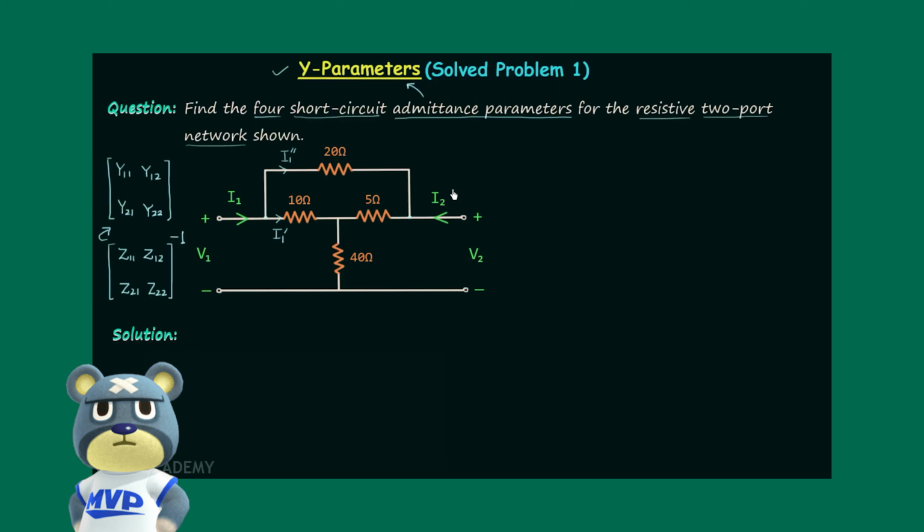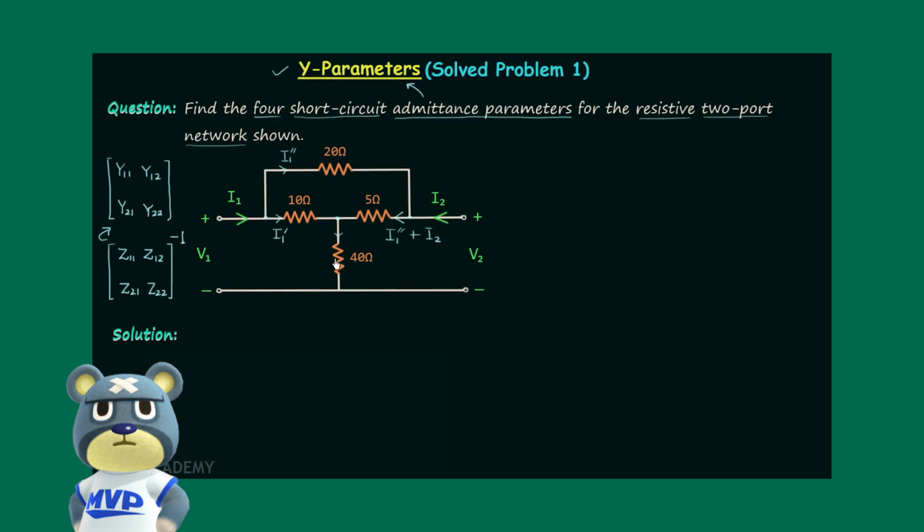Now focus on this node. You will find current I2 is entering the node and current I1 double prime is also entering the node, and therefore according to KCL the leaving current will be equal to I1 double prime plus I2. Now focus on this node. I1 prime is the entering current, I1 double prime plus I2 is also the entering current.